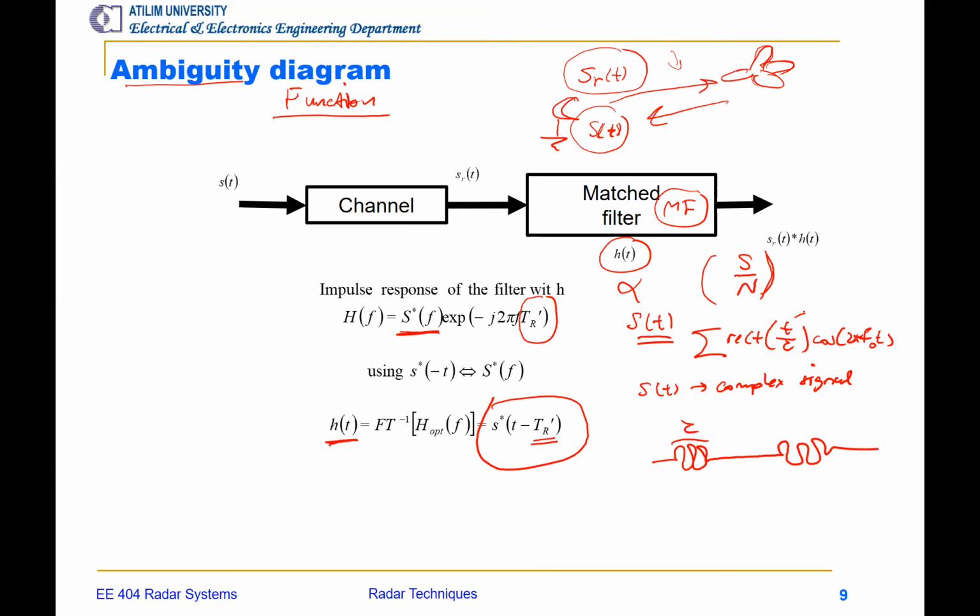We just write here, let's say, k times T, where Tp is the PRI. So we can write a summation of rectangle times cosine when this is a real signal. But actually, in most radar systems, s of t is a complex signal, not a real signal. So we talk about complex conjugating here.